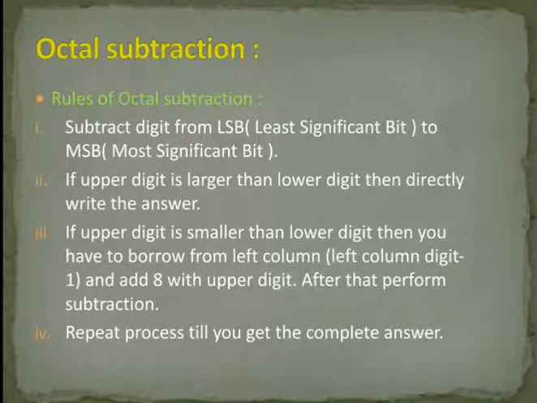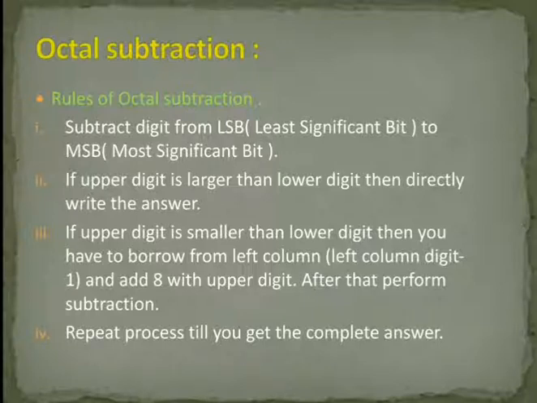Octal subtraction. Again, octal subtraction has some rules and regulations. You have to follow them. Again, the same way, from right to left we move, from least significant to most significant. If the upper digit is larger than the lower one, we can write the answer directly, the same manner as in our normal subtraction.